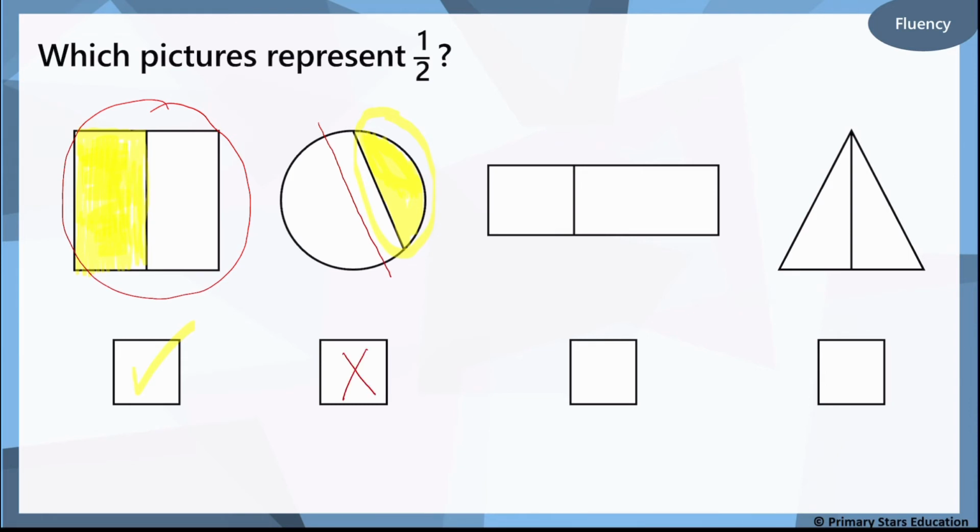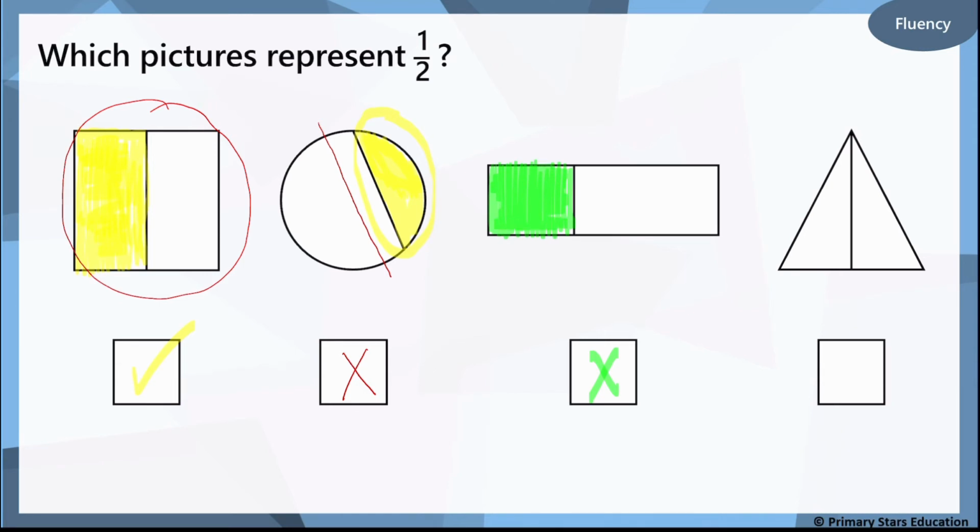What about our rectangle? Does that show half? Let's colour in part of it to help us out. Is that rectangle showing half? Thumbs up for yes, thumbs down for no. Well done, it doesn't, does it? It's because they are not equal parts.